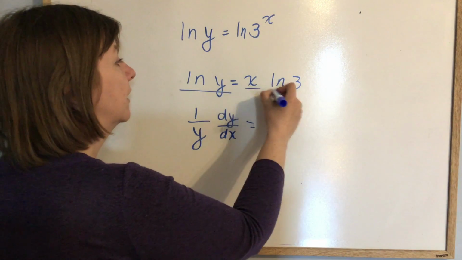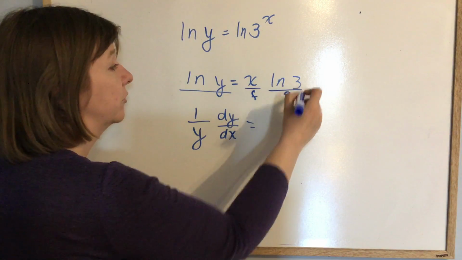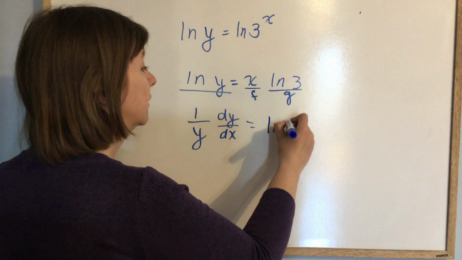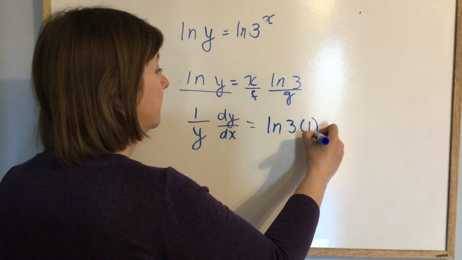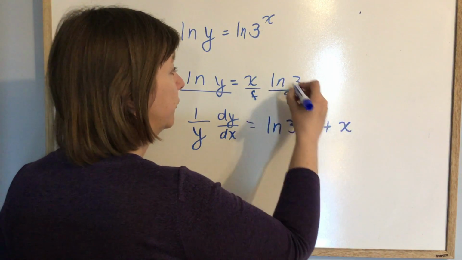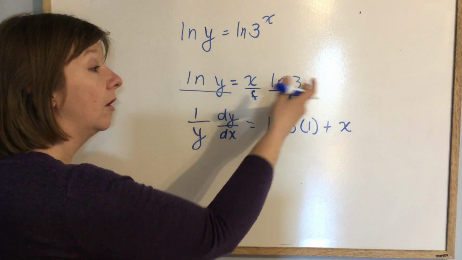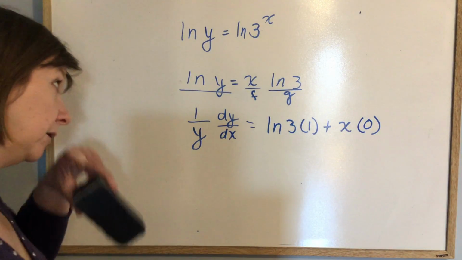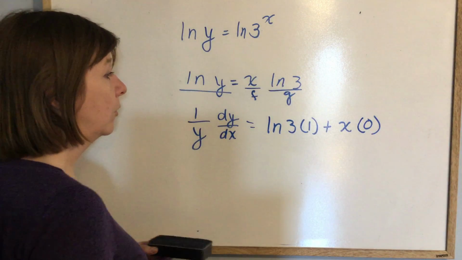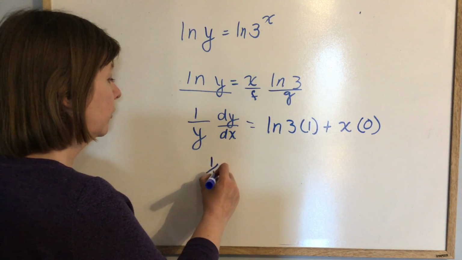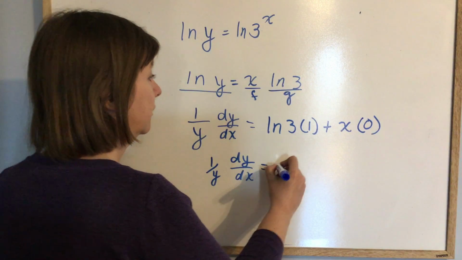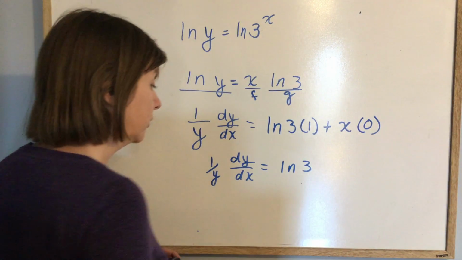On this side, there's your f, there's your g, so that would be the product rule. So g f prime plus f g prime. But again, it's ln of a constant, so that derivative is going to be 0. So really, I have 1 over y dy over dx equals ln 3.